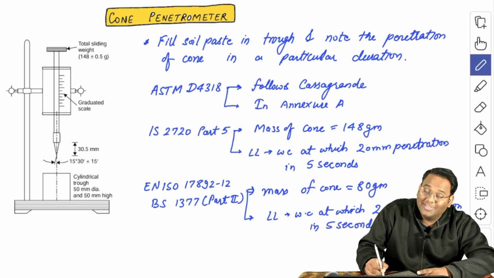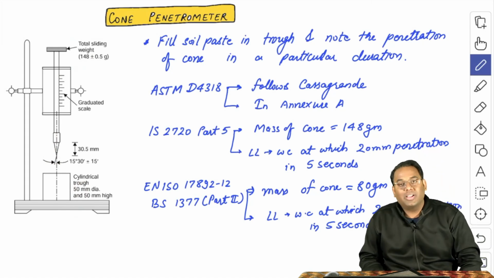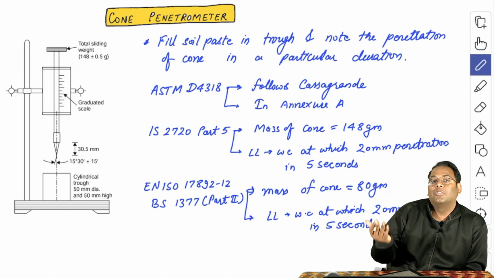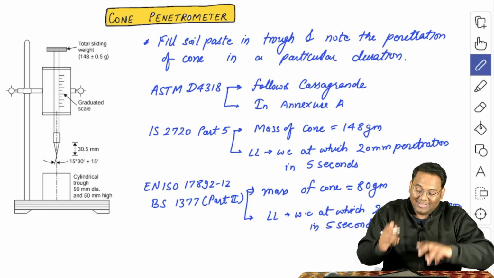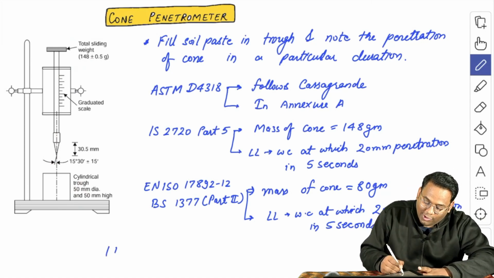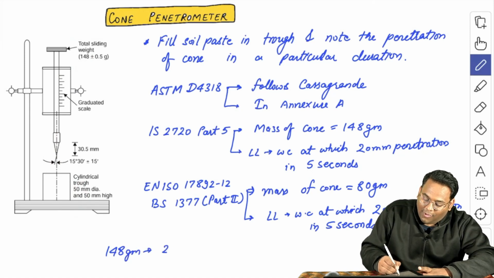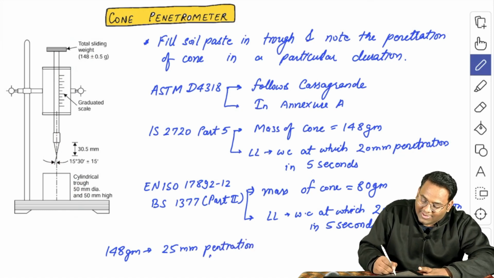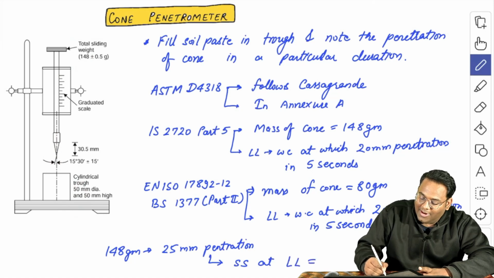values of the Indian standard and Eurocode cannot be compared because the mass of the cone in both the codes is different. And yes, there is one more point: if you are using a 148 gram cone and 25 mm penetration, then the shear strength at this particular level is defined to be 1.76 kilonewton per meter square.